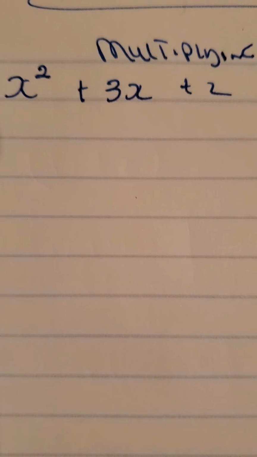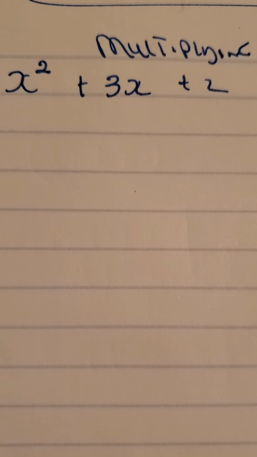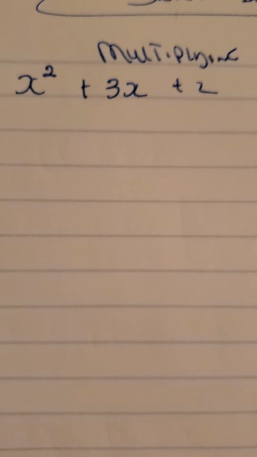Your text here in this pre-algebra or introductory algebra stage basically just throws this at you, and I'm not really happy with that, but I'm going to do my best to introduce you to it. And then as you go into the next level of algebra, you're going to see more of this and hopefully have a foundation here.